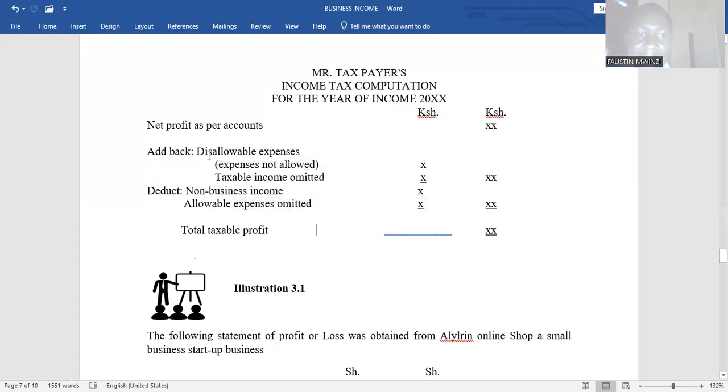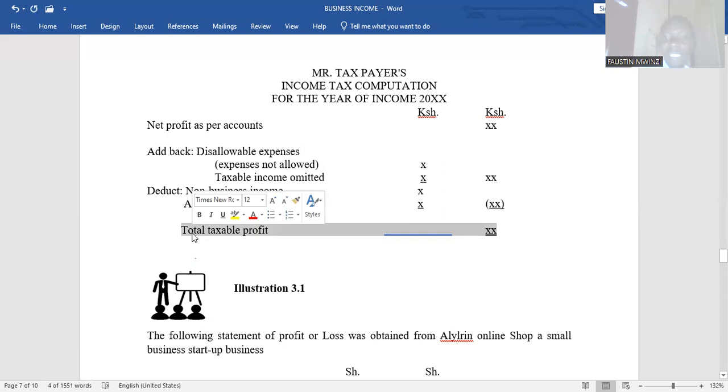So as you disallow depreciation and add it back, you less the equivalent of depreciation, which for tax purposes we call capital allowances. Now, when you have deducted this amount, you will arrive at the taxable profit.